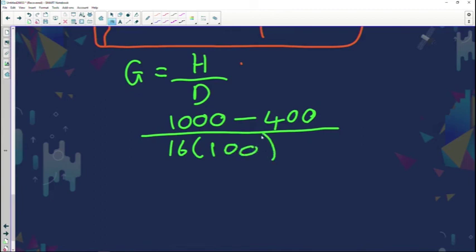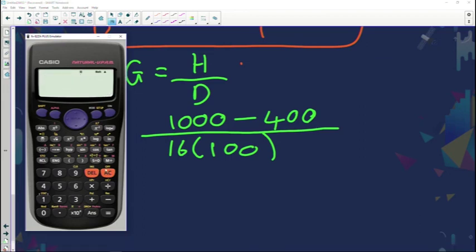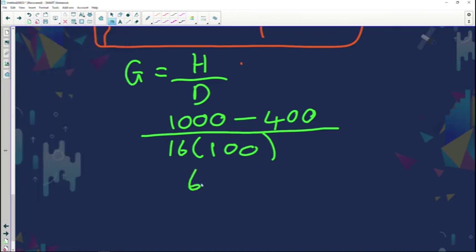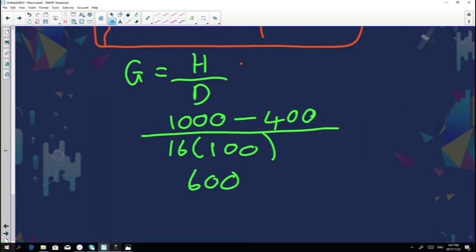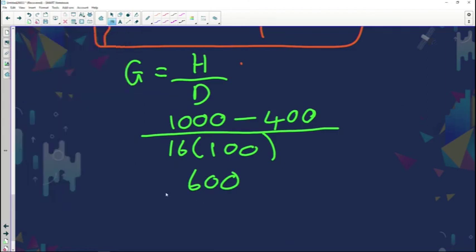100. So if we could quickly get our calculator out and do the calculations, 1000 subtracting 400 equals 600. Then 16 times 100 equals 1600. Now remember, we need to get a ratio of 1.